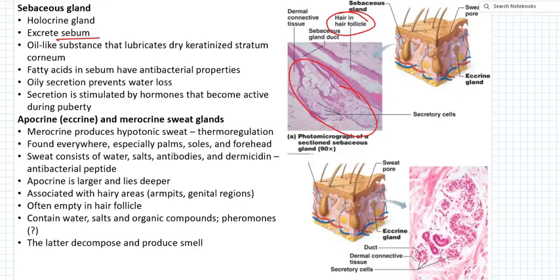Sebum is oily. Which body parts do not have sebaceous glands? Palms and soles, yes. Palms and soles do not have sebaceous glands because you don't want them oily. When people's hands sweat, that's sweat.